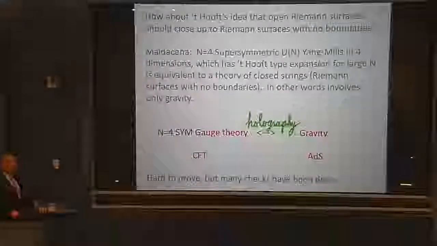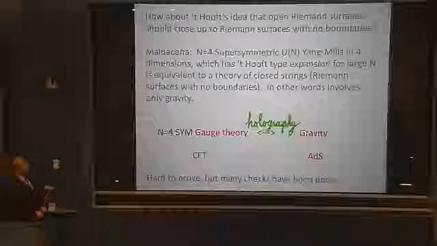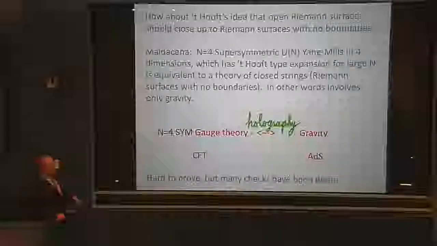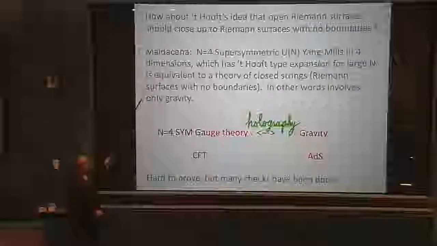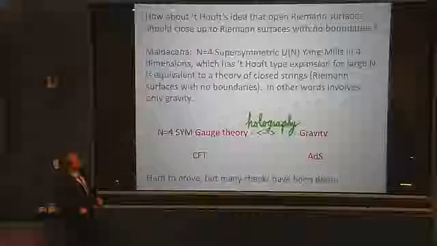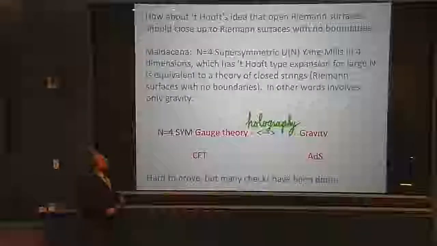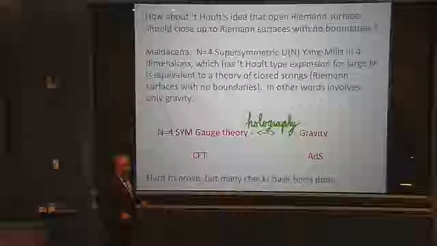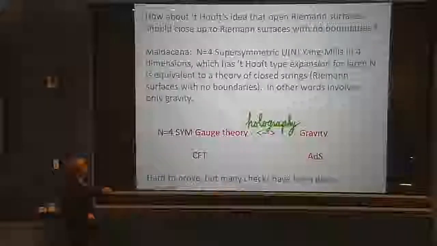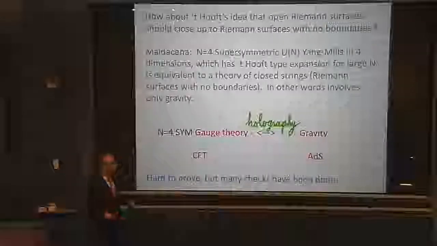And so the question is, how do you realize the 't Hooft idea that somehow these boundaries disappear? And this is, again, a very big topic in string theory, which began with the work Maldacena did, which showed that a particular gauge theory, in this case N=4 supersymmetric Yang-Mills theory, which has also a 't Hooft type expansion for large n, is equivalent to closed string theory.